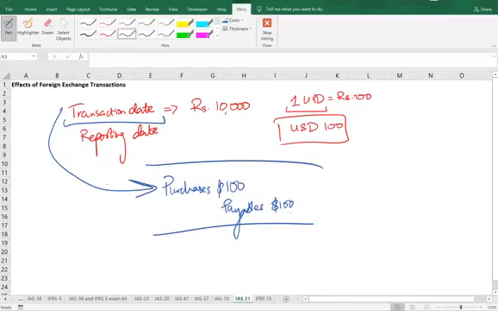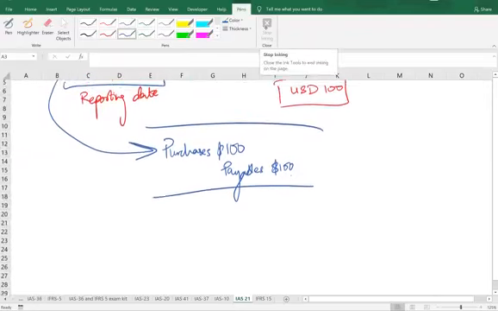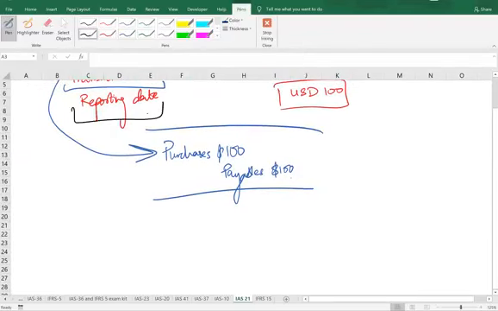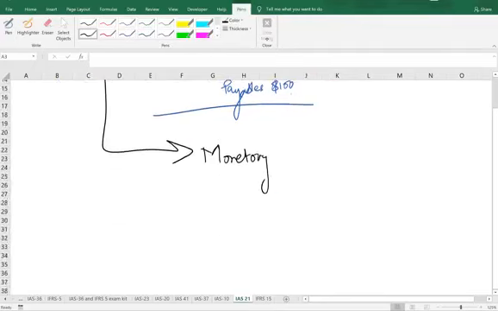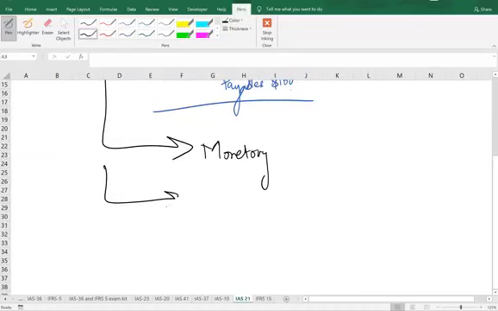At the reporting date, what you have to identify is whether the item that you're translating is a monetary item or a non-monetary item. Now, what's the difference?